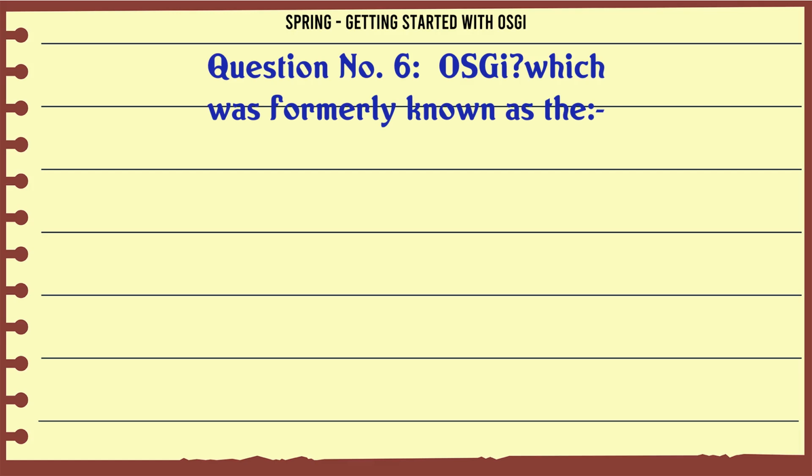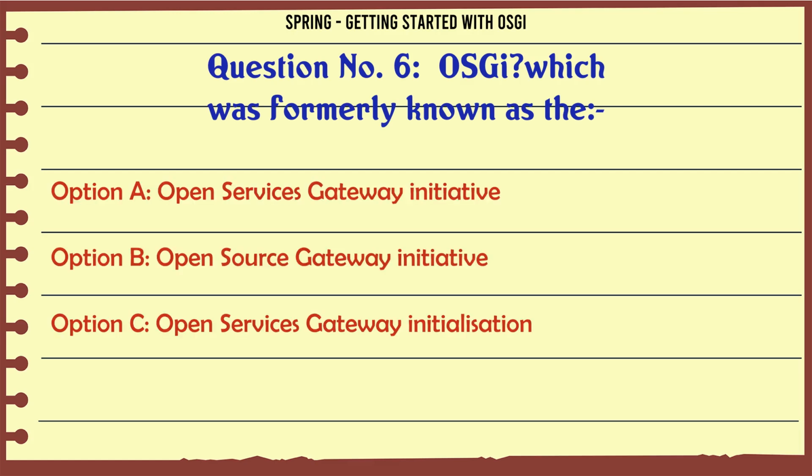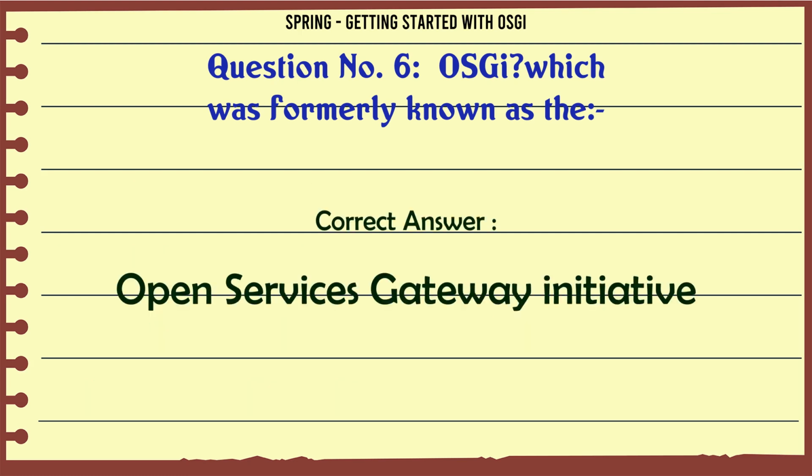OSGi, which was formerly known as the: A. Open Services Gateway Initiative, B. Open Source Gateway Initiative, C. Open Services Gateway Initialization, D. None of the mentioned. The correct answer is Open Services Gateway Initiative.